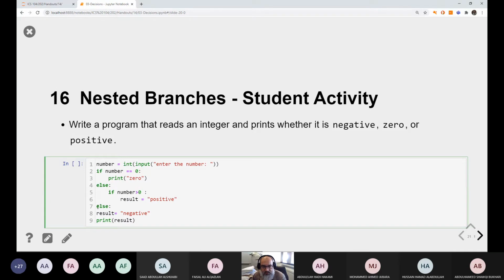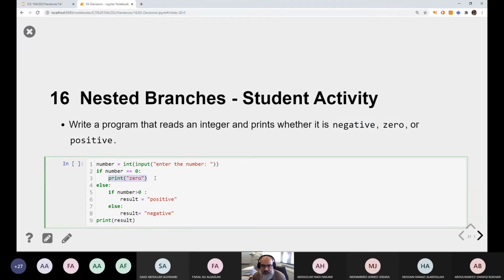Okay, so it's the same. Now, where should I put this else? Keep it in its same place or under the second if? Under the second if, result is negative and then print result.